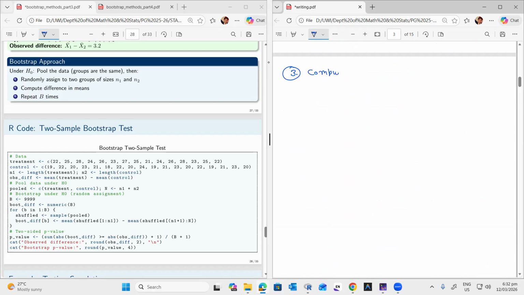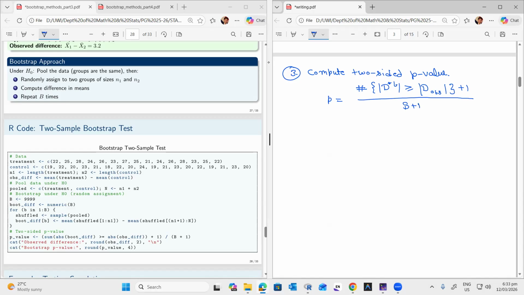The two-sided p-value, that will be small p equals the sum of the number of observations where the bootstrap differences, capital D star B, the absolute value of those differences is greater than or equal to D observed, the actual observed value, plus 1, divided by B plus 1.